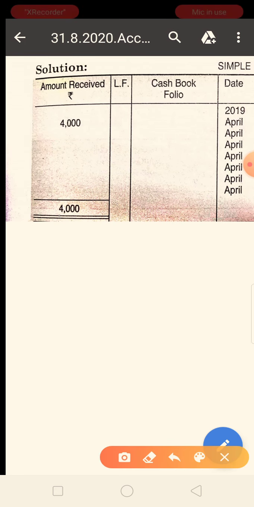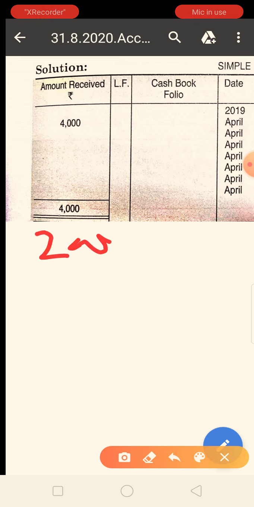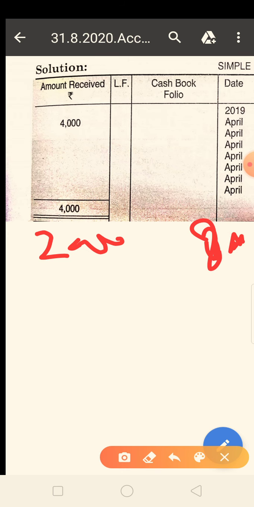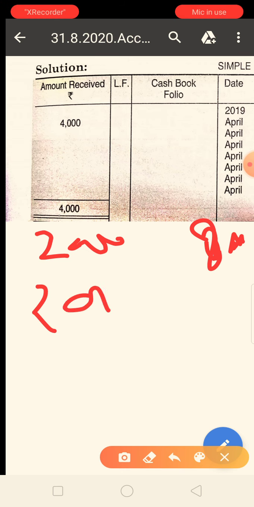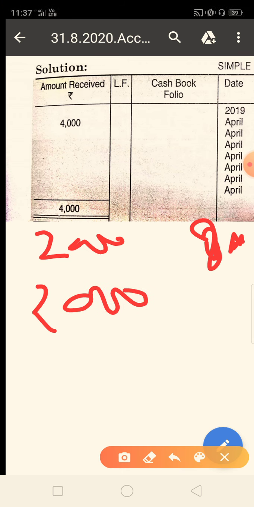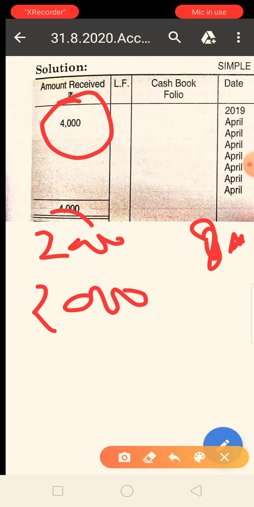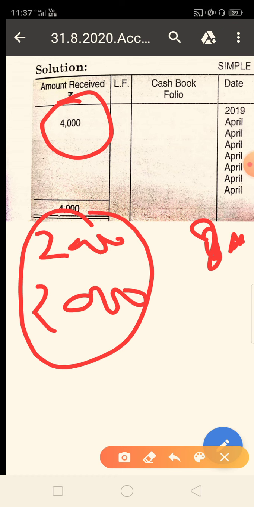Next week means, you will write here 2000 rupees, and if this is April 7th, so now this is 8 April, you will write the 8 April, and 2000 rupees is a balance, and again 2000 rupees you will transfer from the main cash book, because यहाँ पर 4000 था, तो अगले हफ्ते भी 4000 रुपये हो जाएगा. The next week the amount will be 4000, and this is the imprest system, that जो भी पैसा खर्च हुआ है उतना पैसा मेन कैश बुक से ट्रांसफ़र करके लाएं.